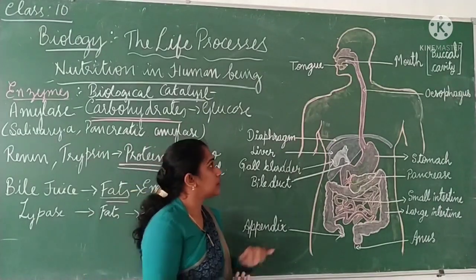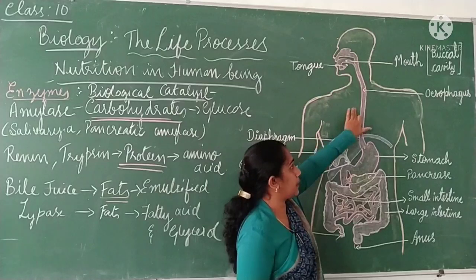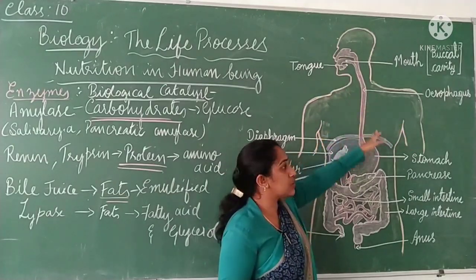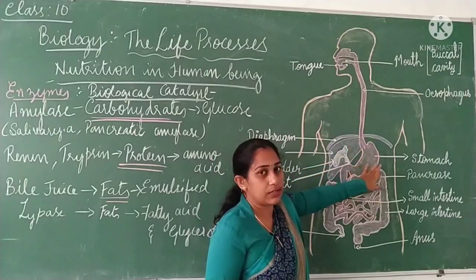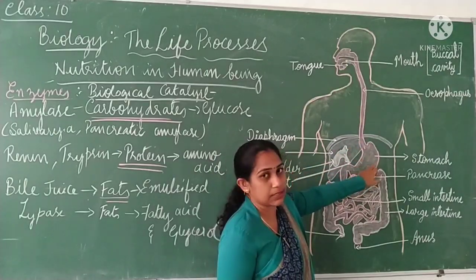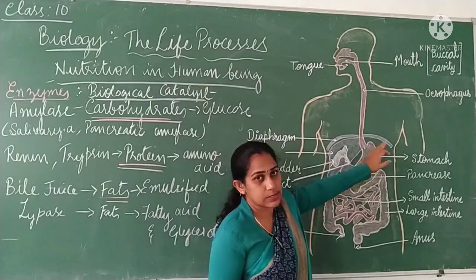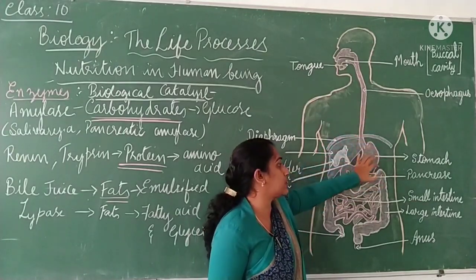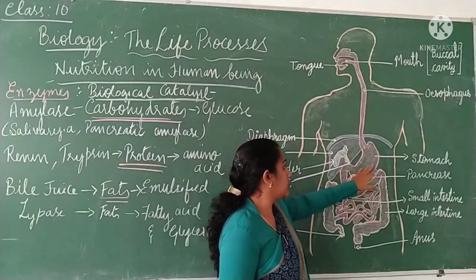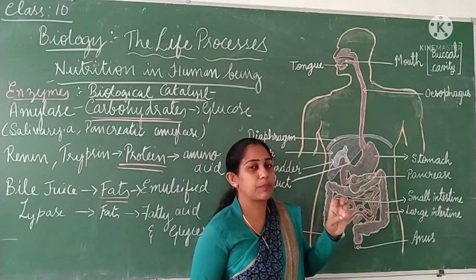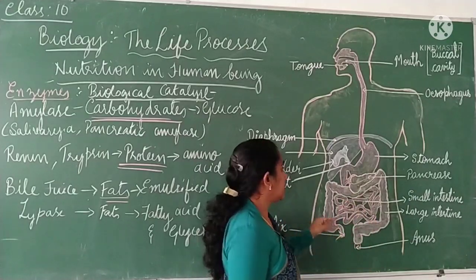Out of the mouth comes the food pipe called the esophagus, through which the food travels to reach the next part, the stomach. The stomach is a J-shaped organ where the food finally reaches. There the majority of the food is churned and broken down into smaller particles.